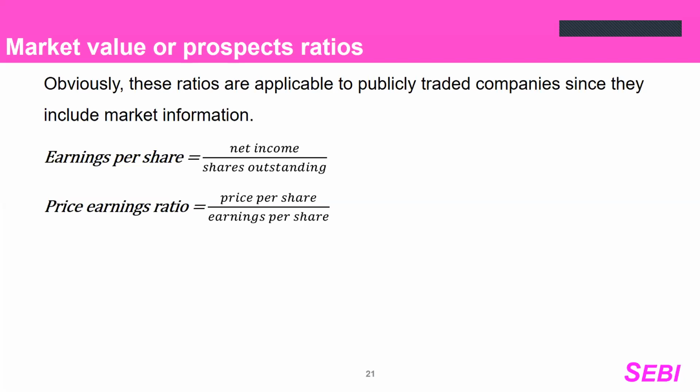Anyway, the next one is the price earnings ratio. Okay, so now it's back. I don't know what happened. So the price earnings ratio is the market price of that share at the time you're doing the analysis, divided by earnings per share.